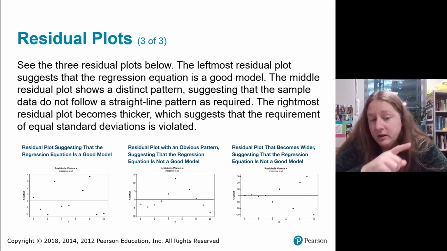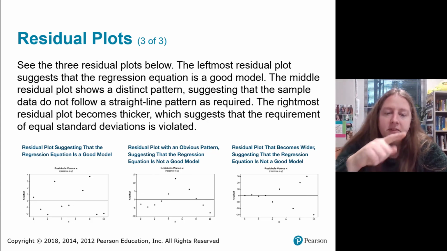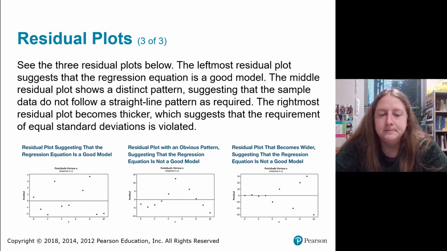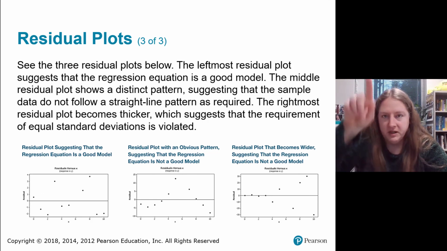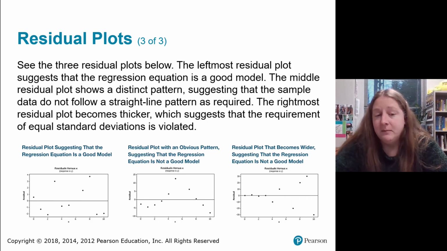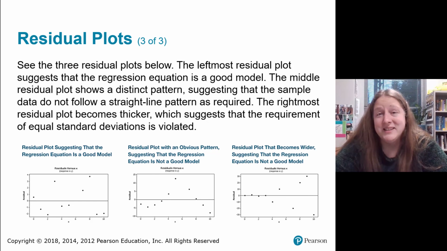The one in the middle has kind of an ocean wave or a mountaintop type of thing happening, where you can see a pattern. You could play connect the dots and really draw a line with it without having to bounce around to do it. Whenever we see some kind of obvious pattern like that, that suggests that the regression equation is not necessarily a good model. A lot of times what it's suggesting is that a linear model is just not going to be a good model.